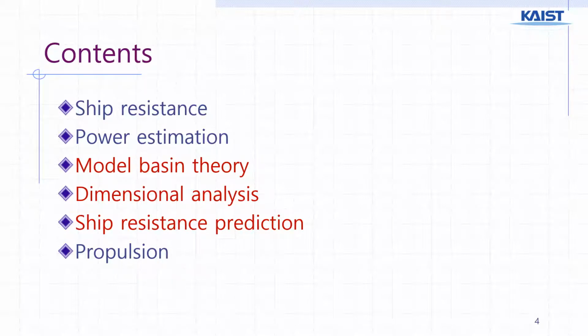As a designer, how can you predict the ship resistance based on the ship design lines and the guaranteed speed? And finally, you need to select a propeller in the section on propulsion.